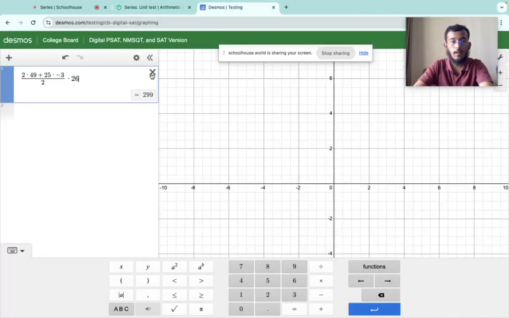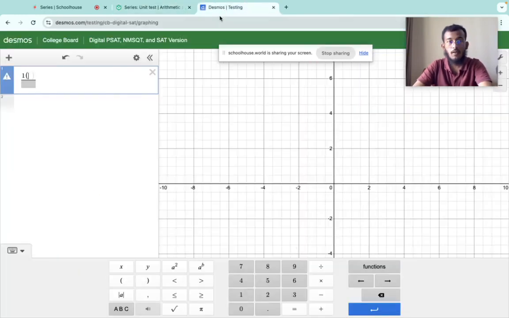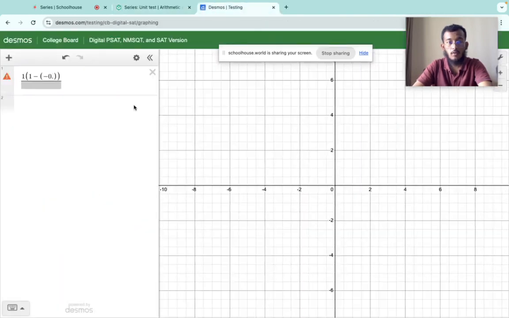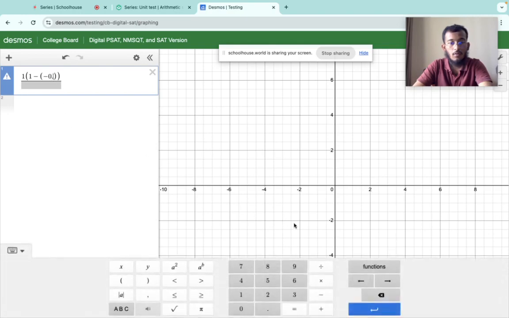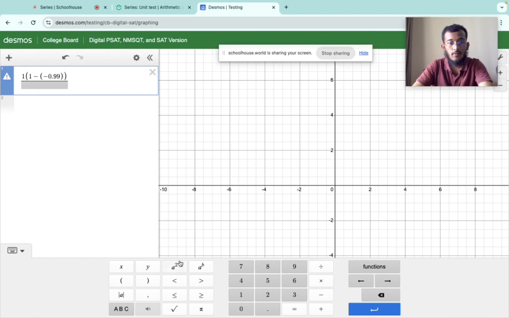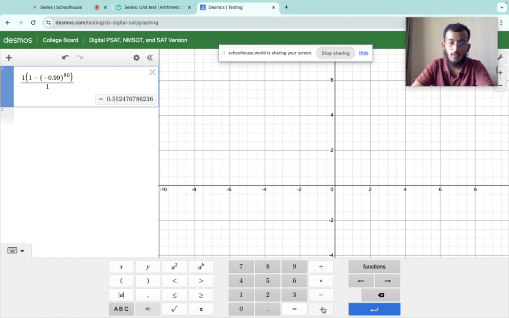If I calculate that, I get 1, the first term, times 1 minus, in brackets, negative 0.99 raised to 80, bracket closed, and then over 1 minus negative 0.99, so we can just write plus 0.99.